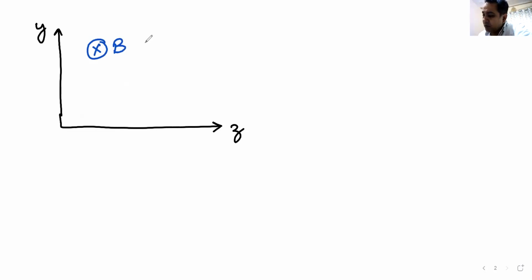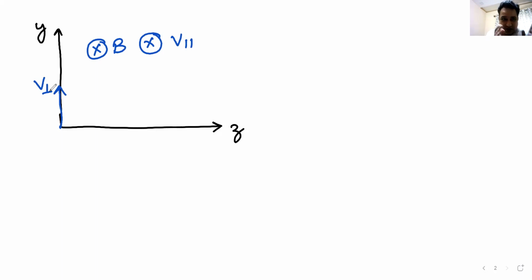My v parallel is also going like this. What about my v perpendicular? My v perpendicular is like this, yes or no? Then I can understand how this particle moves.